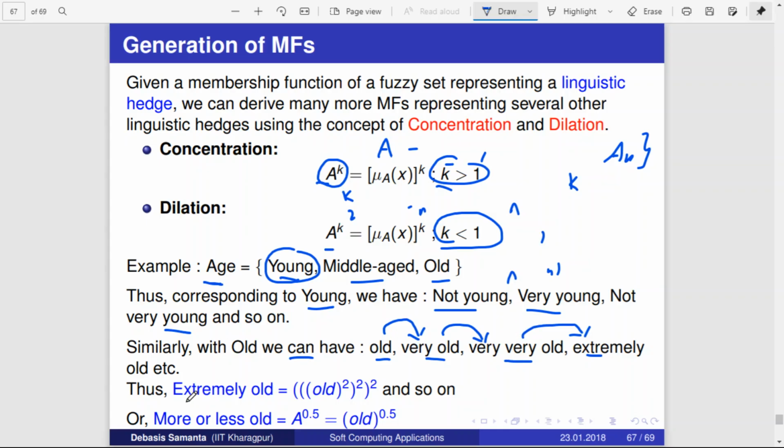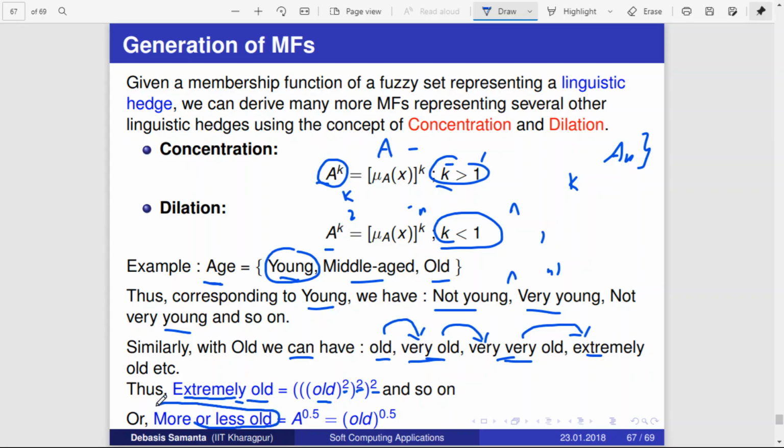For example, if you already defined old, then extremely old can be defined like this: extremely old is nothing but old to the power 2. Here k value is 2, and k should be greater than 1, right? So old to the power 2 will be very old, that to the power 2 will be very very old, and that to the power 2 will be extremely old. Now, already you have defined old, and we want to define more or less old.